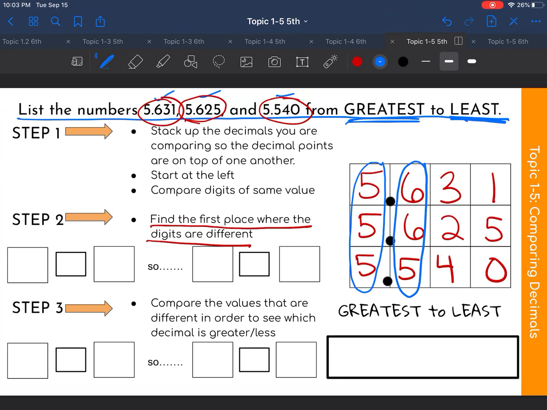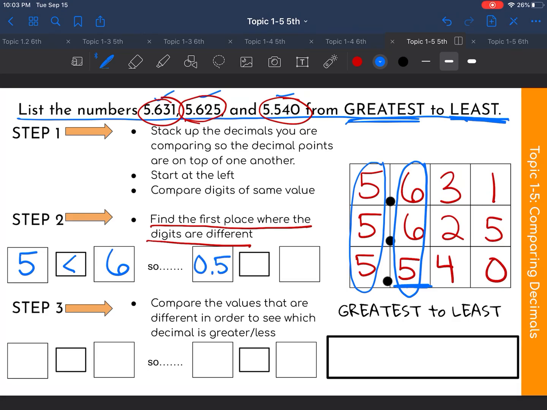All right, so let's look. If we're going from greatest to least, well, right now I'm going to find which one is least. So how we're comparing this, we're saying this is 5. Well, I know that 5 is less than 6.